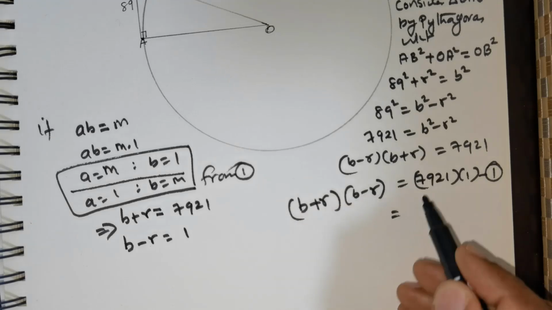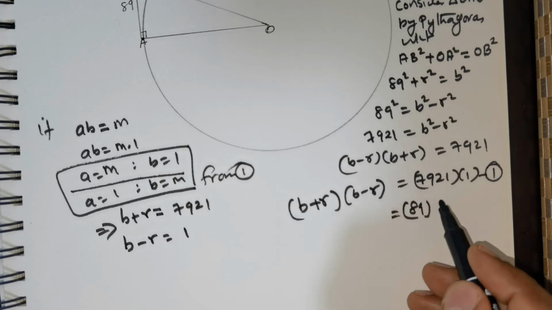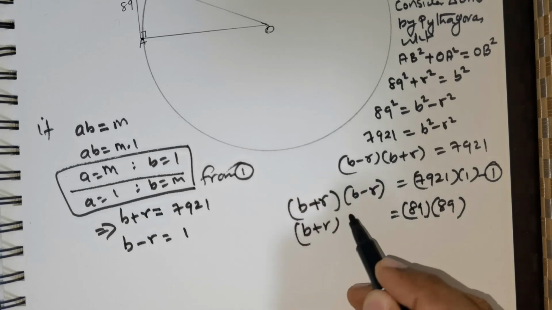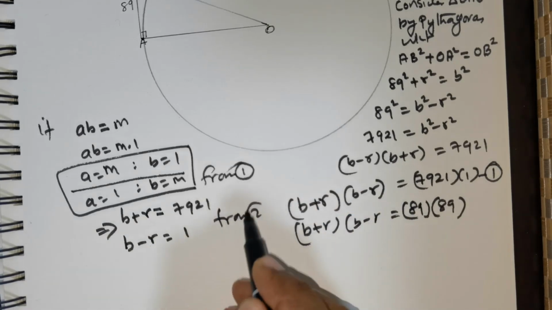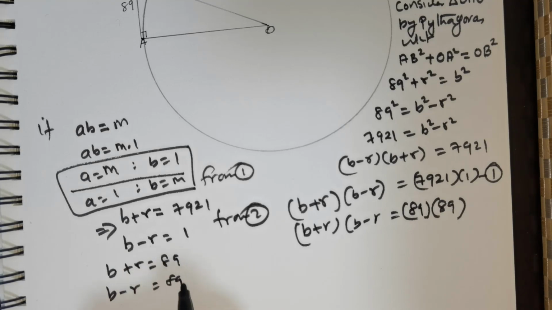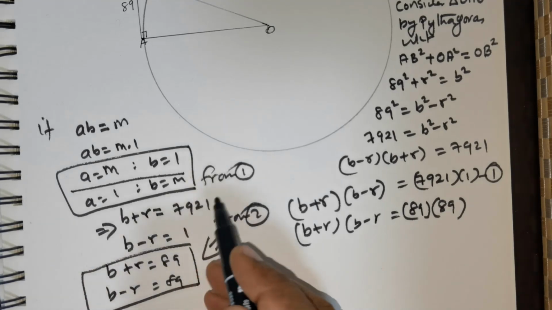Now similarly, if I can rewrite 7921, it's nothing but 89 times 89. So if I were to write it like this, then you would have B plus R times B minus R. So simultaneously from 2 you can rewrite this as B plus R is equal to 89 and B minus R is equal to 89. So this is from 2 and this is from 1.